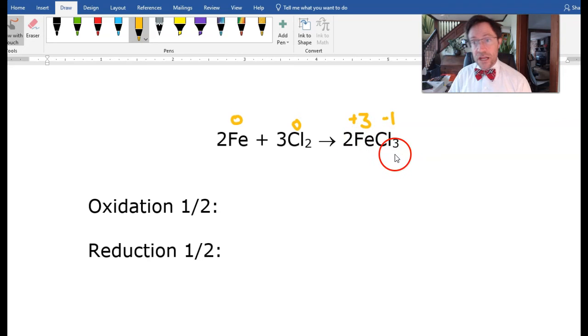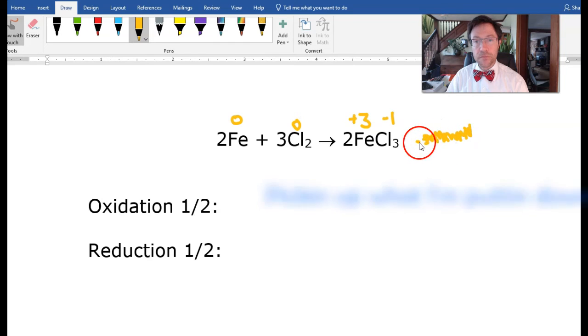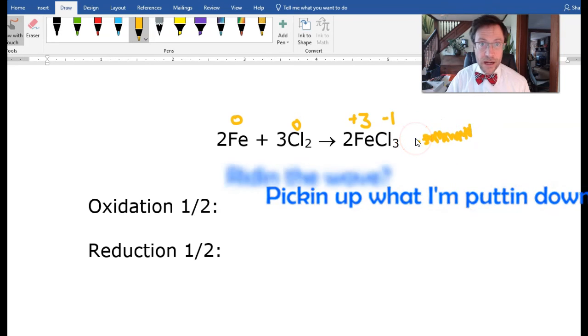So if each chlorine has a charge of -1, and there are 3 chlorines in all, how much negative charge is there? Well, there's going to be -3 in all, which means that iron has to be +3. You dig what I'm saying? That's kind of how I do it.